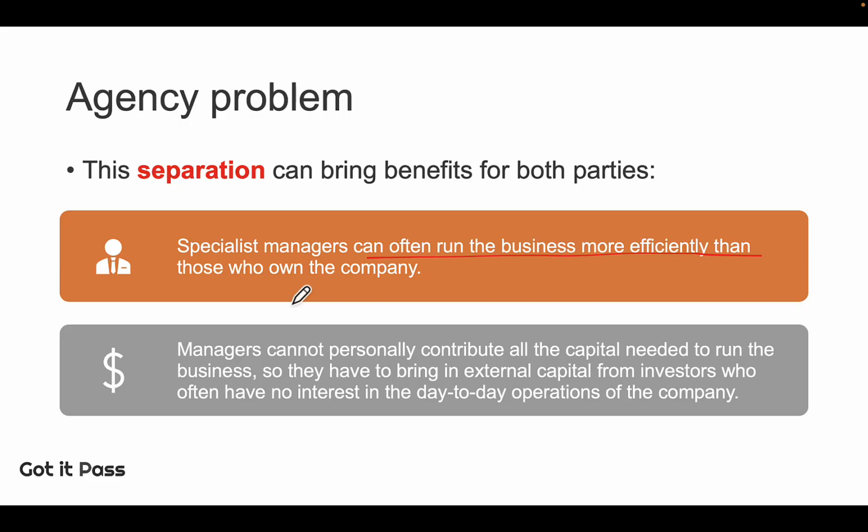For example, if you buy shares of a listed company on the stock exchange, you don't know how to run that particular business as an investor, because you only look for dividends or capital gain on holding the shares, and you rely on the manager running the business to make profit and deliver the profits to you.